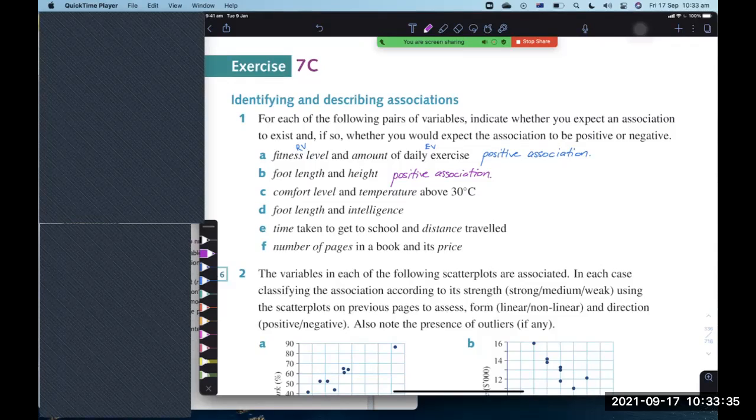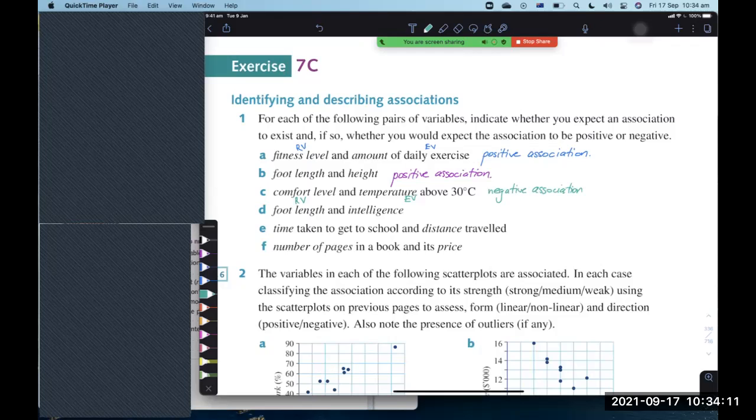Well, what do you think will happen if it gradually gets hotter? For this one, an individual will get less comfortable. Right, less comfortable. So key word there, you said less. So you're already saying that there's an association between the two. Is it positive or is it negative? Negative, because you're getting less comfortable. So we can say that there's a negative association.